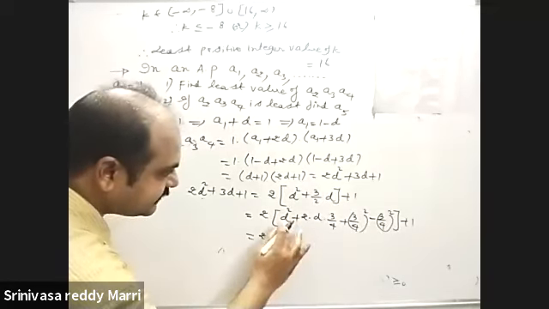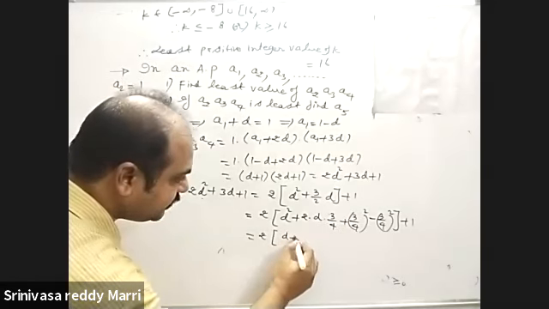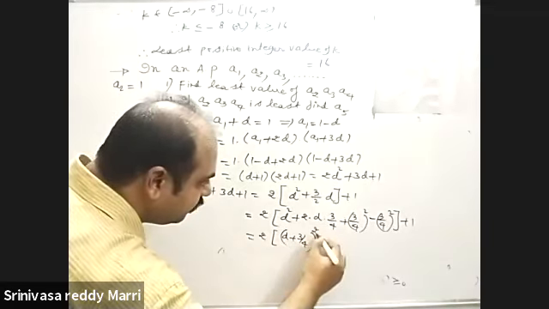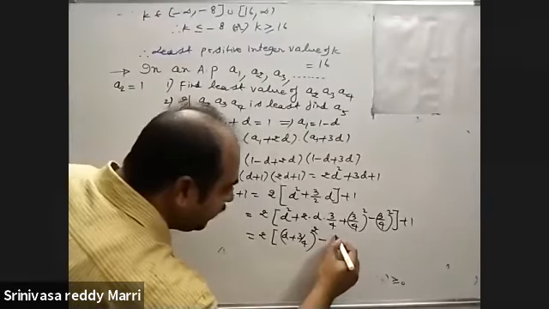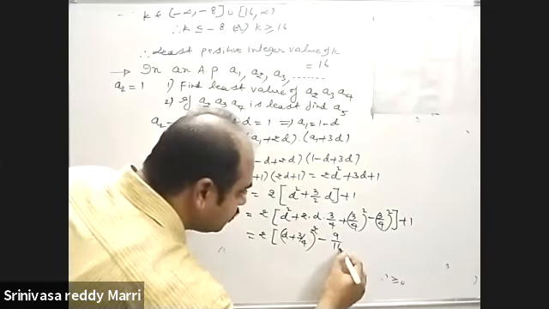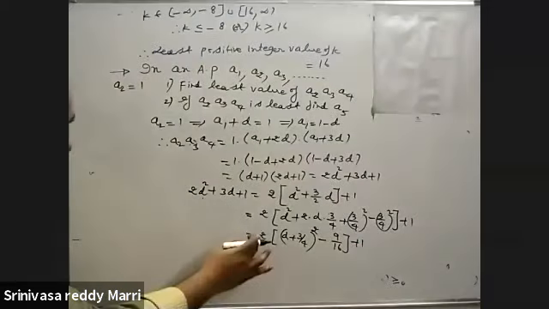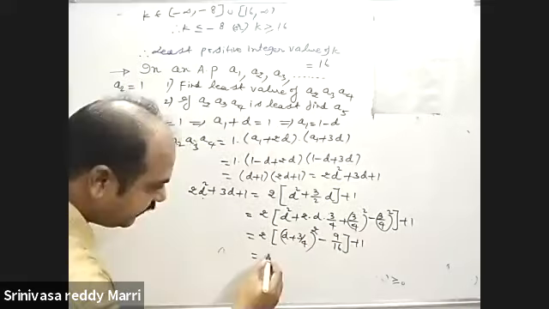Now this can be written as A square plus 2AB plus B square. So D plus 3 by 4 whole square minus 9 by 16 plus 1. Now multiply with 2.